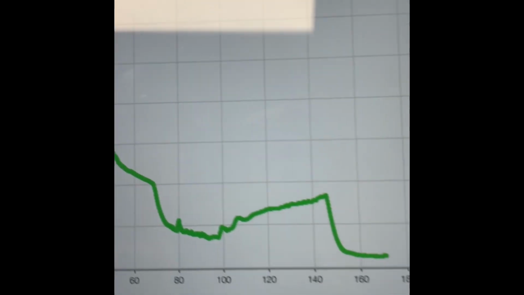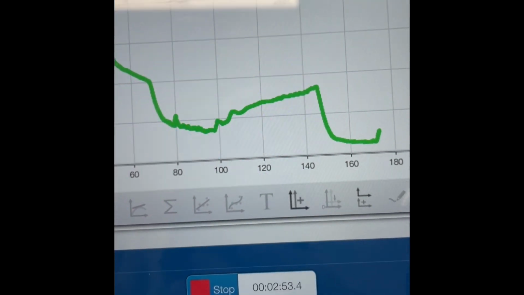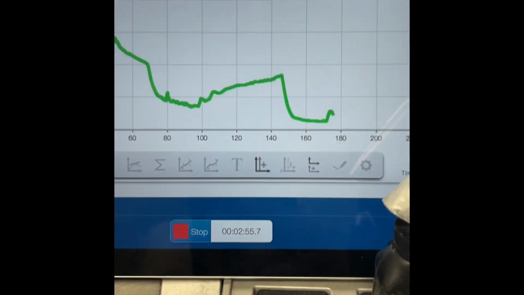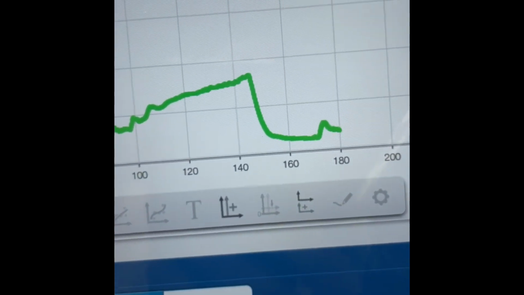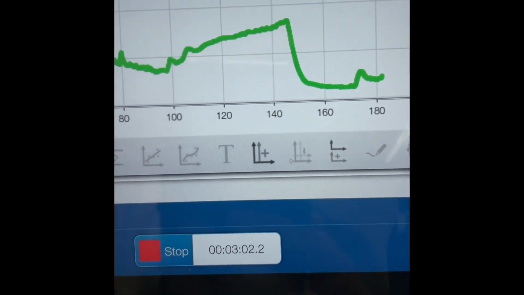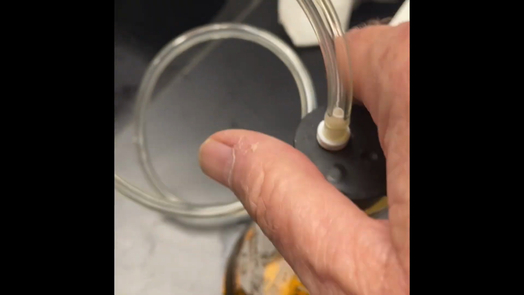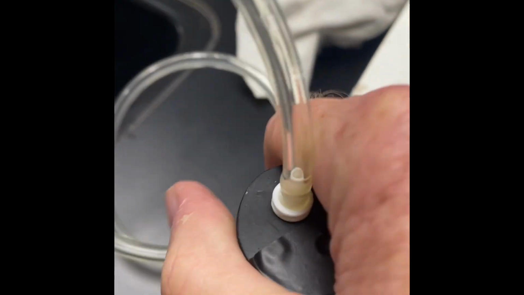Take this out. Now it's heating back up again. And it's leveling off a little bit. We notice this is really tight on here now.